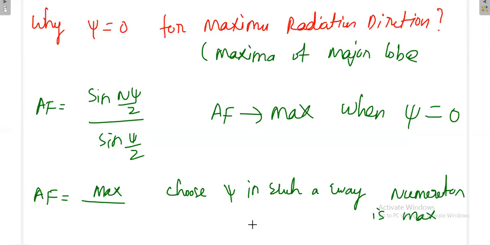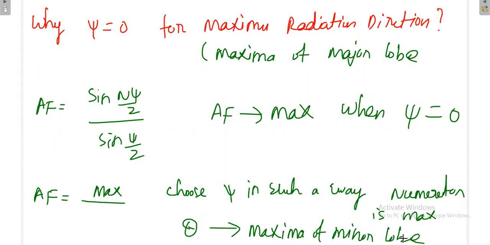That angle is the direction of the maxima of the minor lobe. Theta is the maxima of the minor lobe.